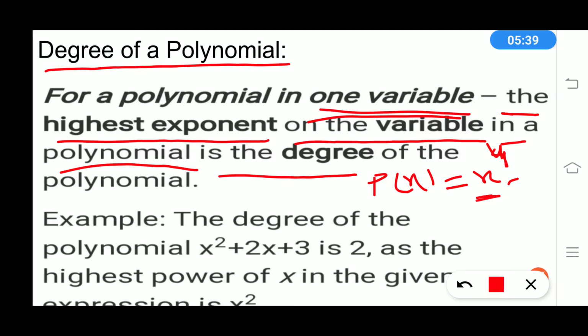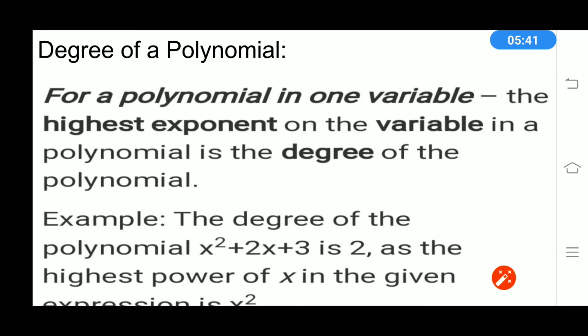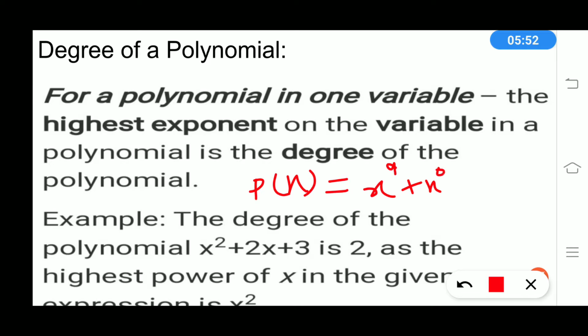Or suppose we write p of x, a polynomial in one variable, equal to x to the power 9 plus x to the power 8 plus x to the power 7 plus 5.